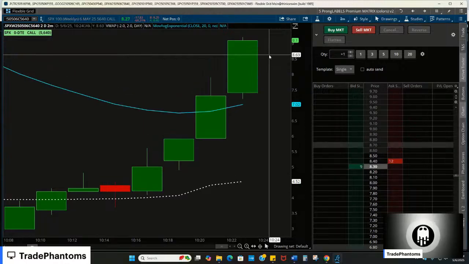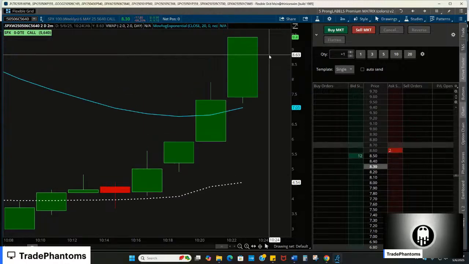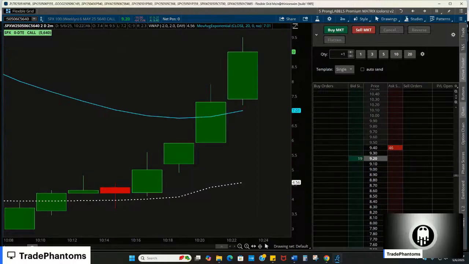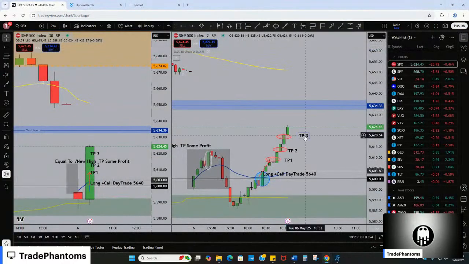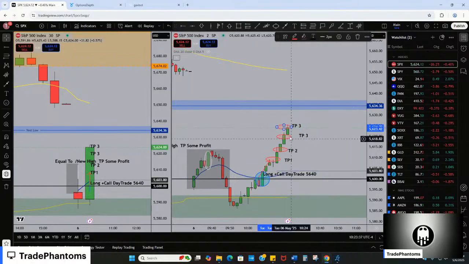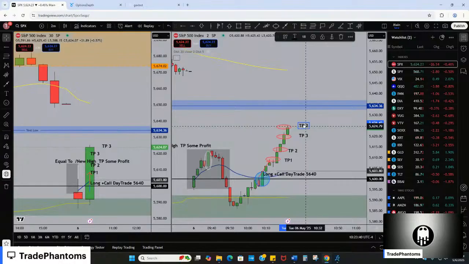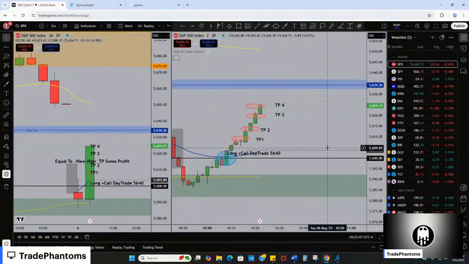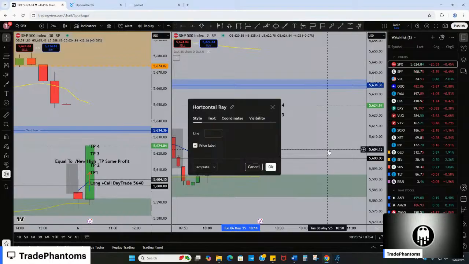So there you go, nearly 100% gain. And you got 9, 10. There we go. And stop loss break even.